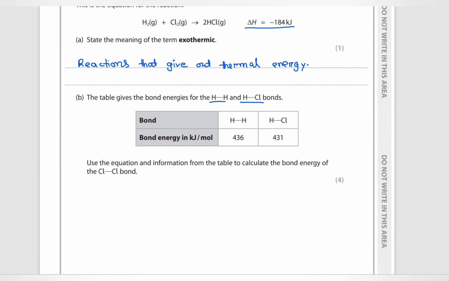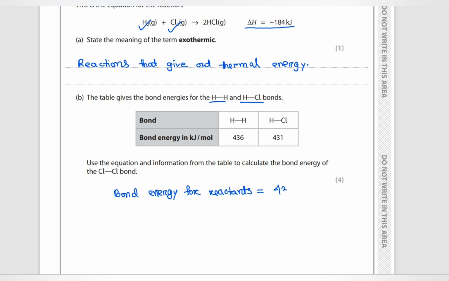First we have to calculate the energy required for the reactants and for the products. Bond energy for reactants are basically H2 and Cl2.